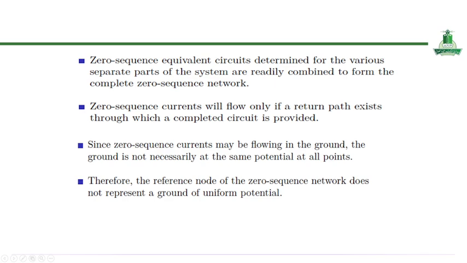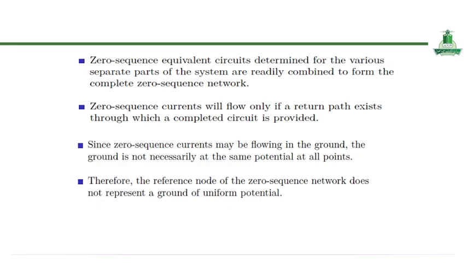All right, this slide highlights key concepts related to the zero sequence network in power system analysis, which is particularly important when studying ground faults. So first, it explains that zero sequence equivalent circuits for individual components such as generators, transformers, and transmission lines can be developed separately and then combined to form the complete zero sequence network of the system.